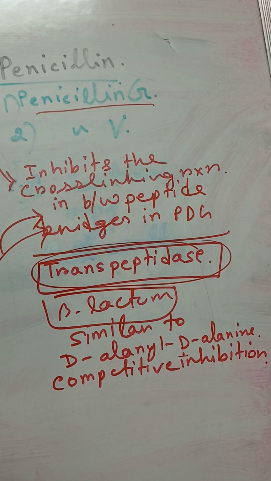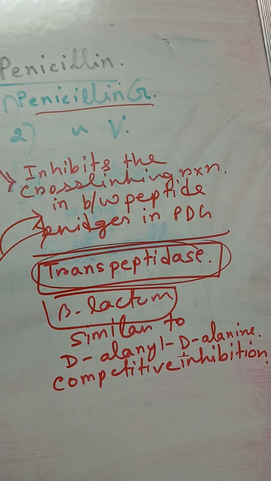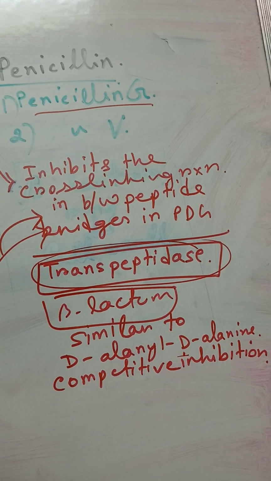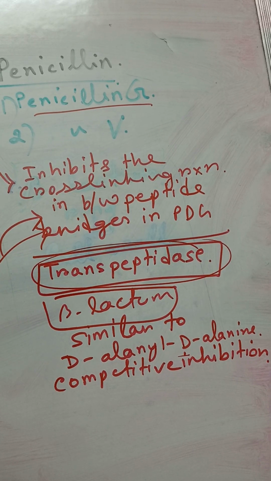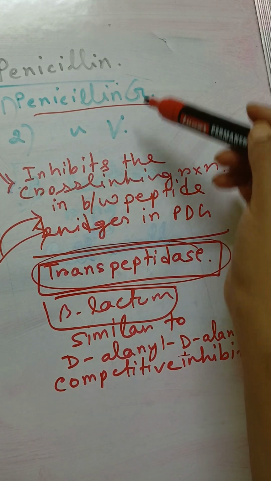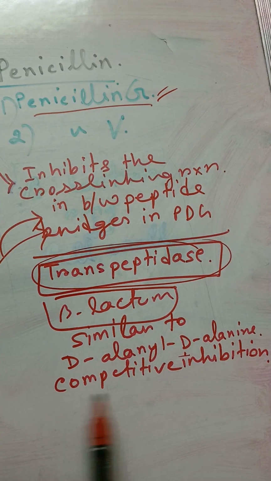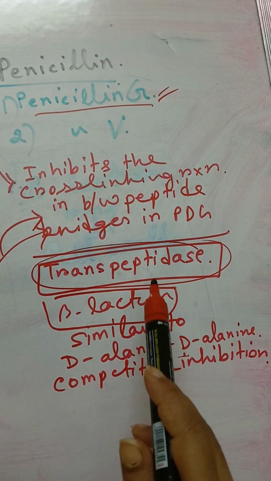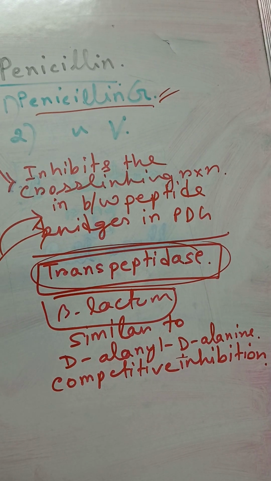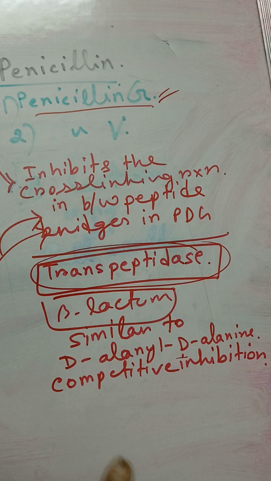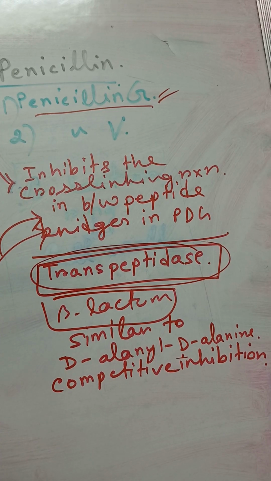It doesn't have that much ability to differentiate between the D-alanine residue of the bacteria or the penicillin, the antibiotic itself. So as this penicillin is very much similar to this structure, often the penicillin will bind to the transpeptidase enzyme. So penicillin here is the competitive inhibitor for the D-alanyl-D-alanine residue.